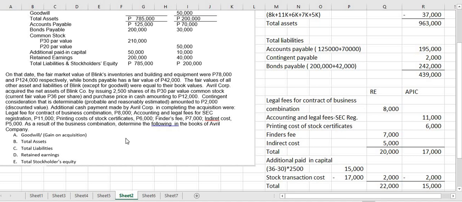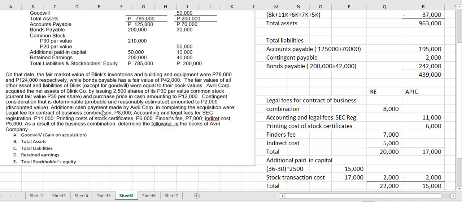Okay, so isa-isahin natin yung cost. Classify natin if it's related to be deducted to retained earnings or yung sa additional paid in capital. Okay, so yung 8,000 na legal fees per contract or business combination, that's direct cost. So, i-absorb yun ni RE.